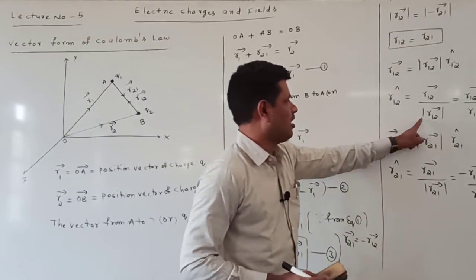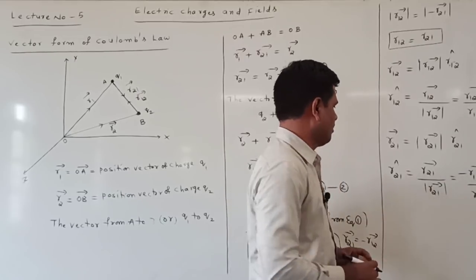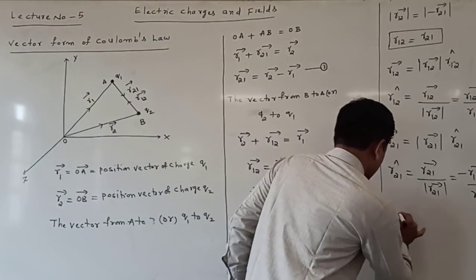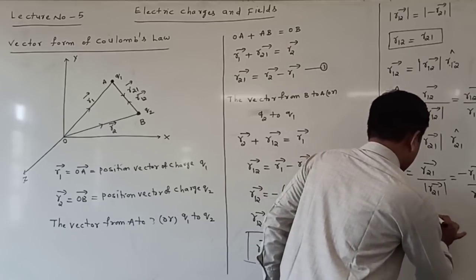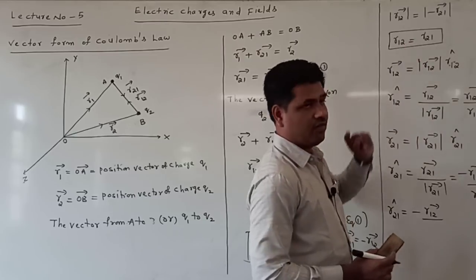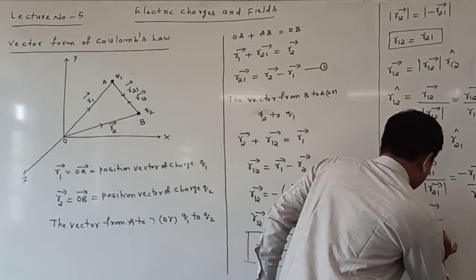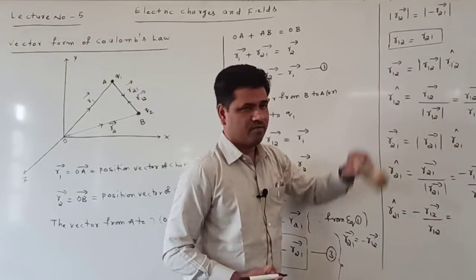Similarly mod r12 bar is equal to r12, mod r21 bar is equal to r21. So r21 cap is equal to minus of r12 bar by r21, where r21 is equal to r12.